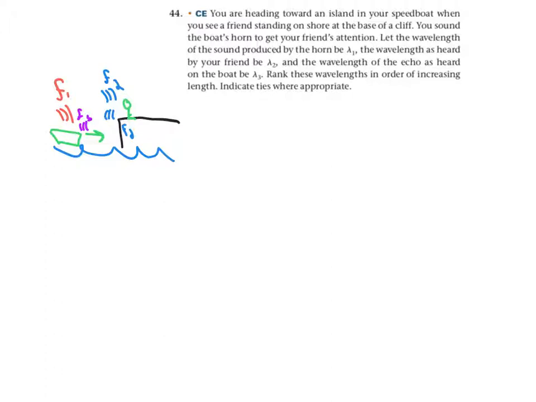All right, since the range is closing, in the first case, we get that F2 is greater than F1, because the Doppler effect says if two things are getting closer, then the frequency, as perceived, is higher. And then notice that the range is still closing when we have F2 coming to F3, so we have that F3 is greater than F2.